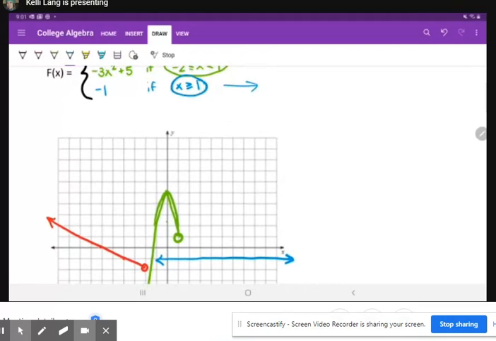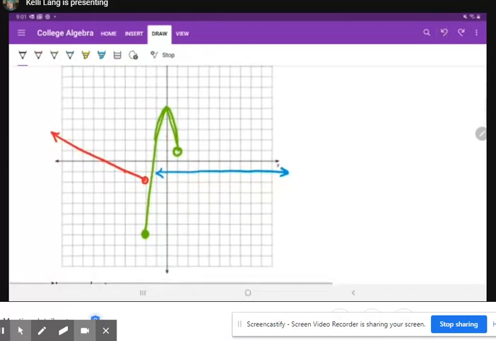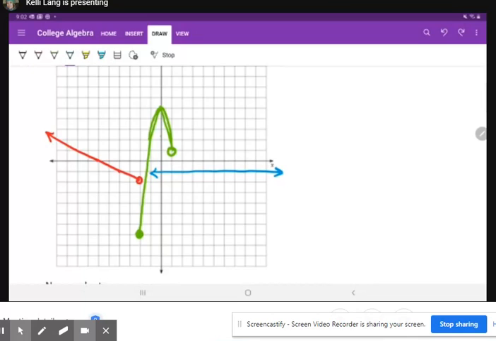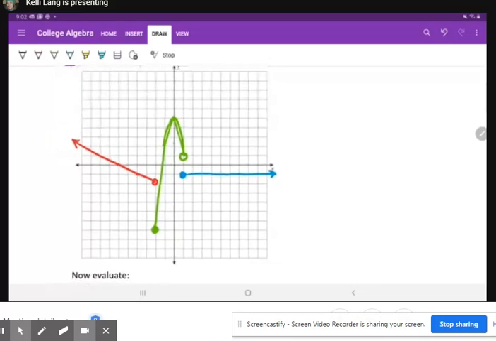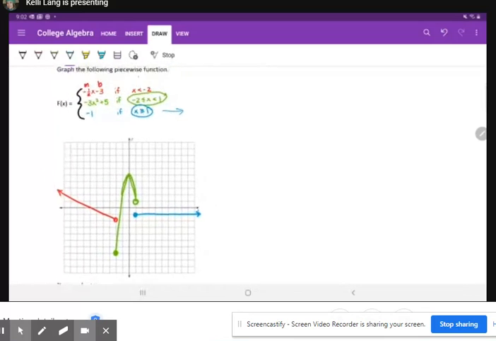This only applies when x is greater than or equal to 1, which is this line right here. Go figure, the one we just used. So that's where this function's domain starts. And it's or equal to was part of our inequality. So we're going to have a filled in circle because that will be included. So this will go on forever. So here's our piecewise function.